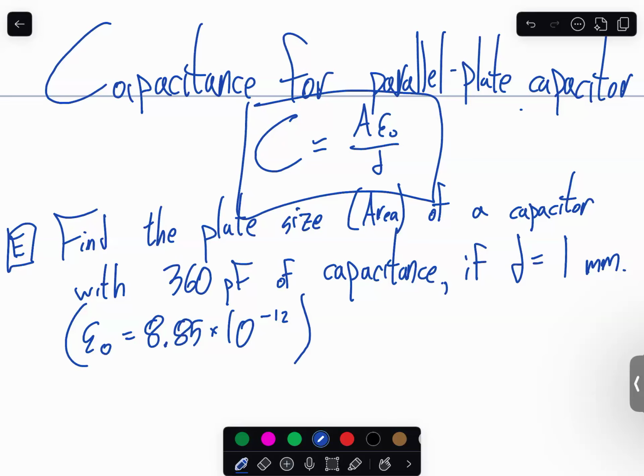Who's stuck? Lost? No? Okay. Let me give a hint. These are actually practical, possible values. You can build this capacitor, although we don't usually build it as just two flat plates.